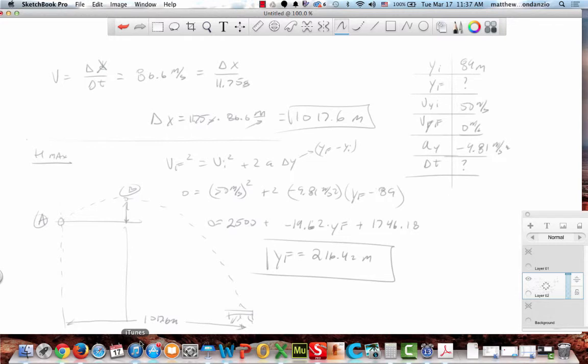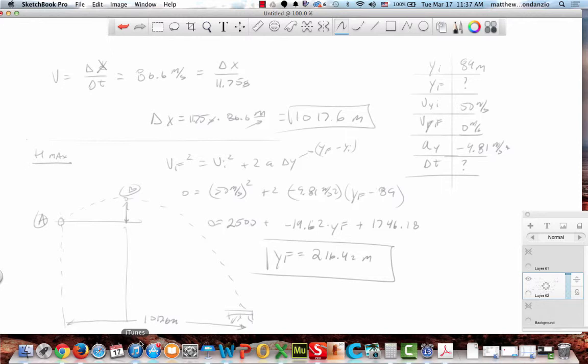Wait, so that's the height of B? That's the height at B, the max height, 216.42 meters. How's that possible? Oh, I see.